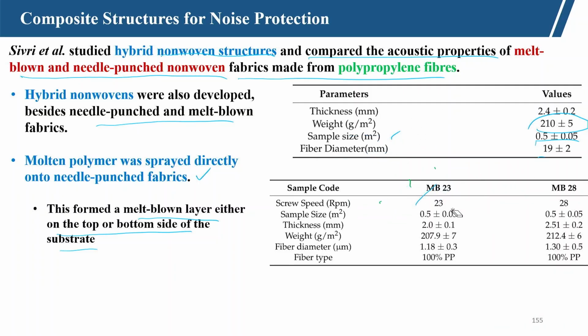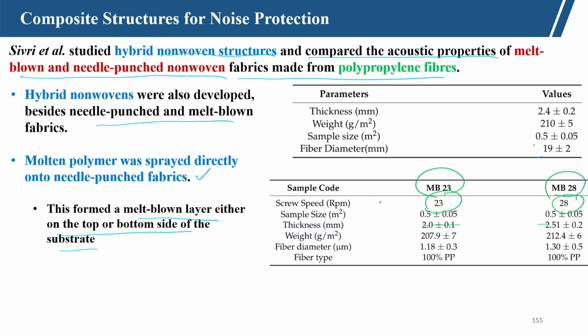Now, the coding is that MB 23 means the screw speed is 23 rpm, MB 28 means the screw speed is 28, and the sample size is given.